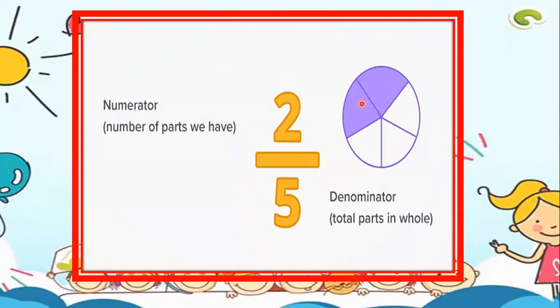So the shaded part is our numerator, and the total parts is our denominator.